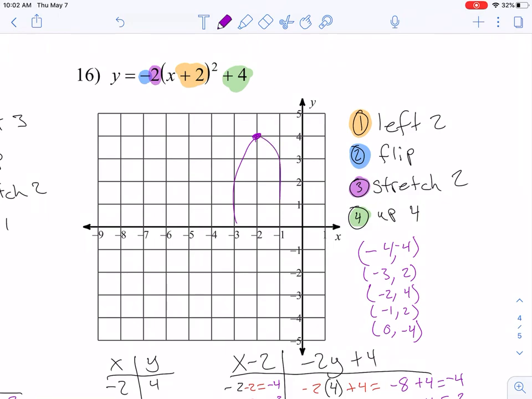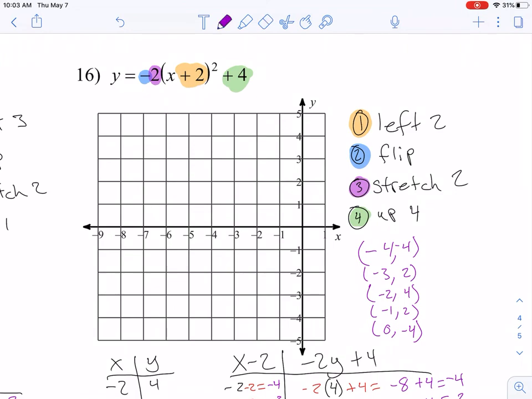And we know it's going to be stretched too, so it's going to be a longer looking, stretched out graph. If our normal graph comes out like this, a stretched out one's going to be a little bit more narrow.